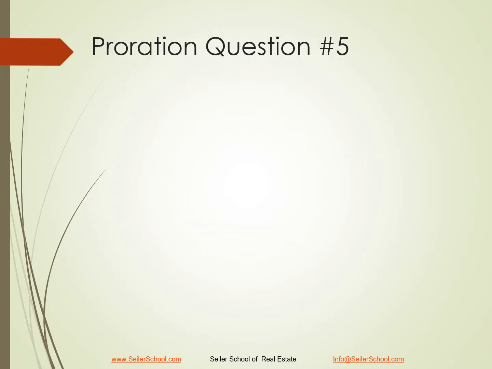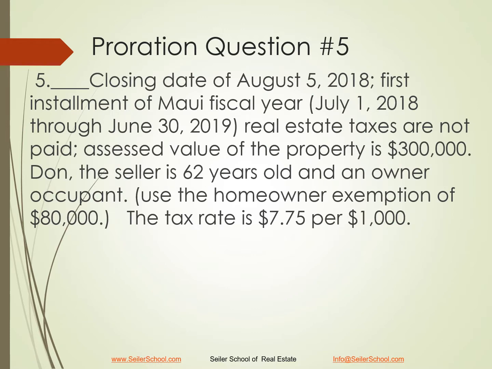Proration question number 5. Closing date of August 5th, 2018. The first installment of Maui's fiscal year. Remember, a fiscal year is an accounting year. The state of Hawaii and the county of Maui, and I think the other counties as well, operate on a fiscal year, which is an accounting year that runs from July 1st, for example, of 2018, through June 30th of 2019.